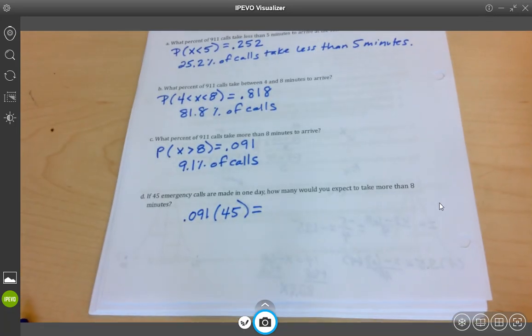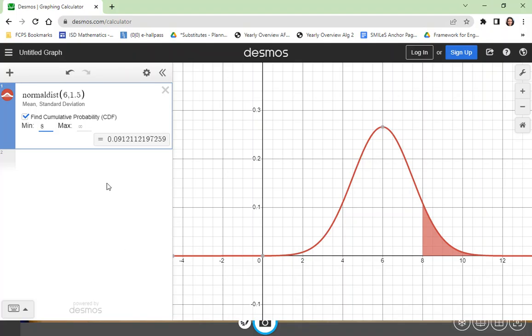So I'm going to do that too. So I'm getting about 4.1 calls, which is about 4 calls. Definitely for calls, you would round to a whole number.